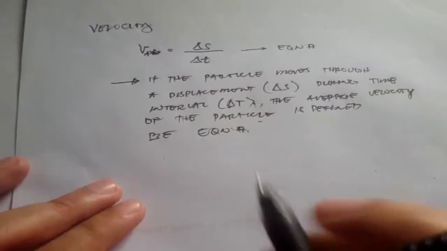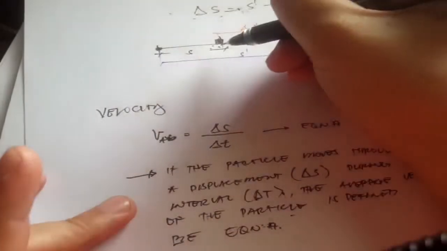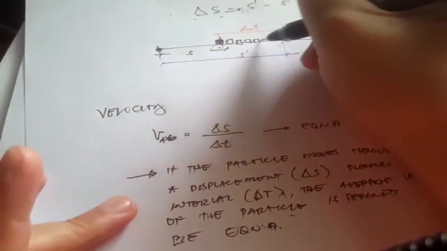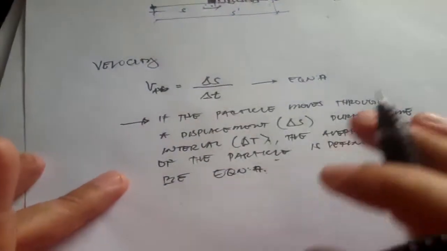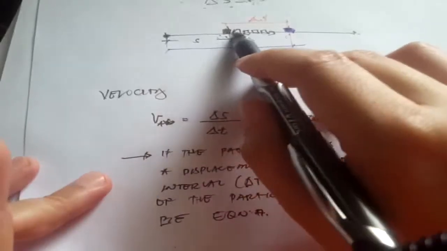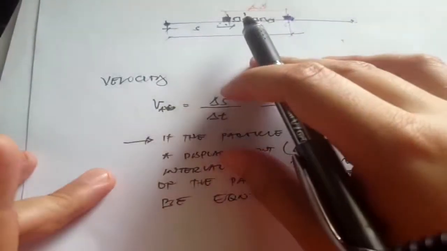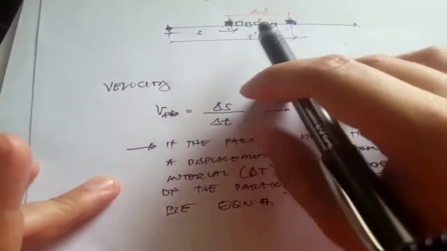Okay, but if we take smaller and smaller values of delta t, the magnitude of delta s becomes smaller and smaller also. Okay, and consequently we can now compute its what we call instantaneous velocity.